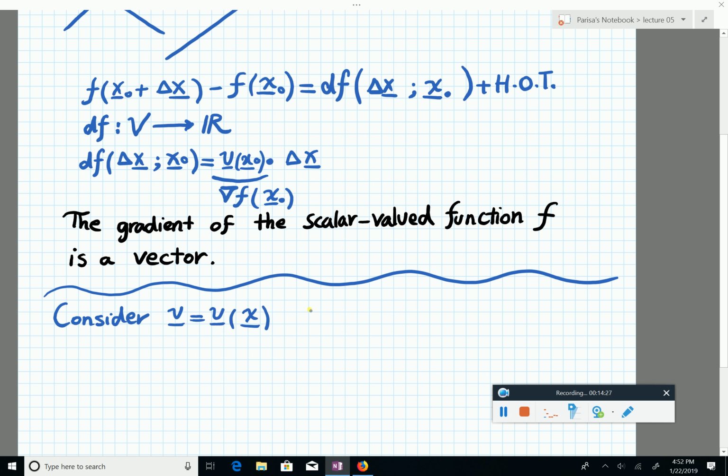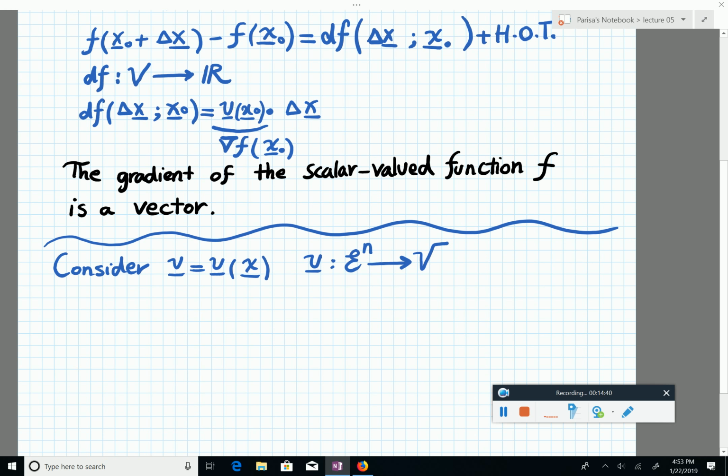And this function is mapping points into vector space. What do we call these kinds of functions in engineering?